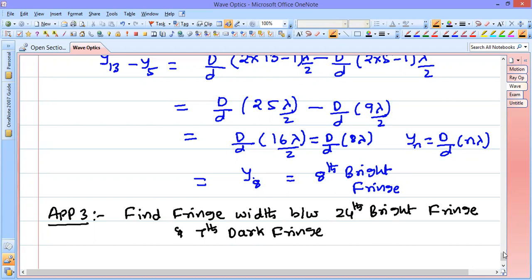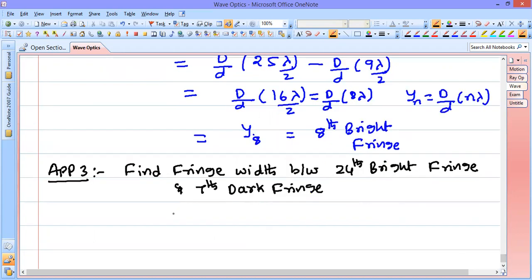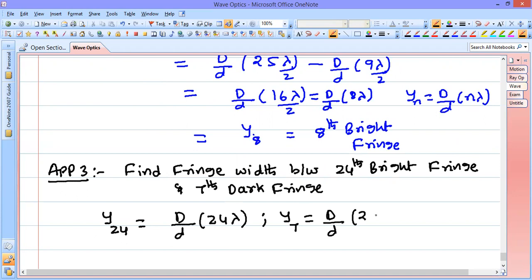So I will consider Y24. Since it is a bright fringe, I can write it as capital D by small d times 24 lambda, and Y7, the 7th dark fringe, is capital D by small d times (2 into 7 minus 1) times lambda by 2.